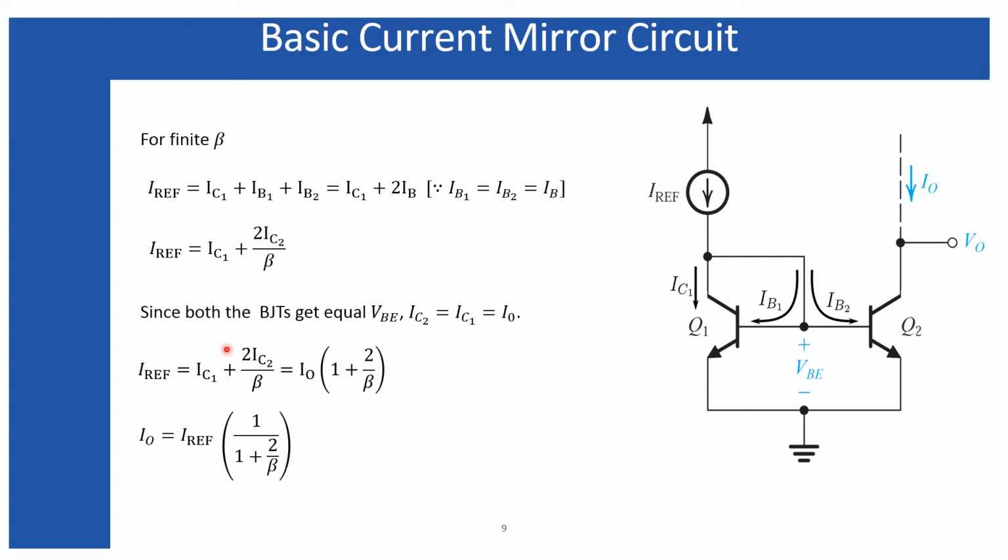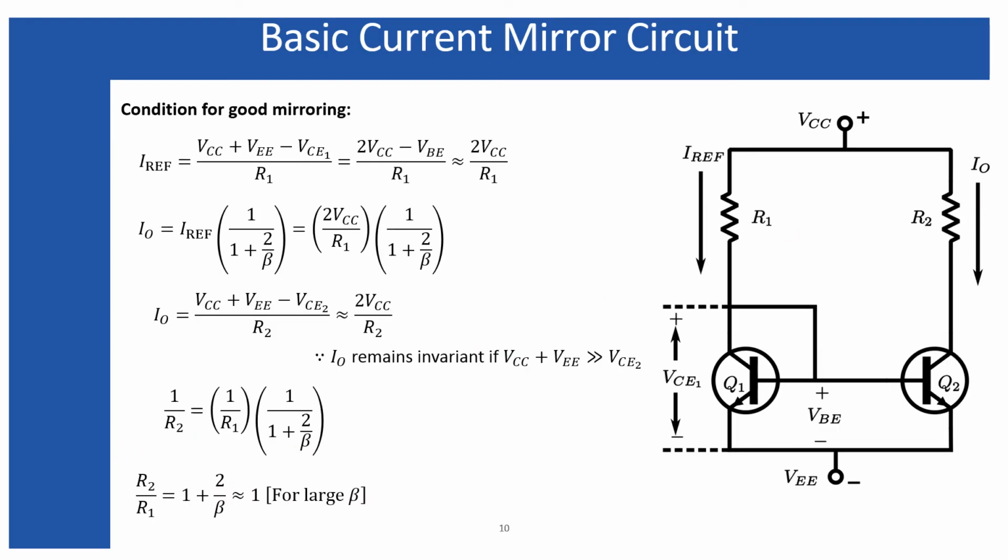So here IC1 and IC2 can be replaced by I naught, and finally from this expression I get I naught equals Iref times 1 divided by 1 plus 2 by beta. As I assumed in my previous slide, for infinite value of beta we have I naught equal to Iref. But for finite value of beta, we have this expression.